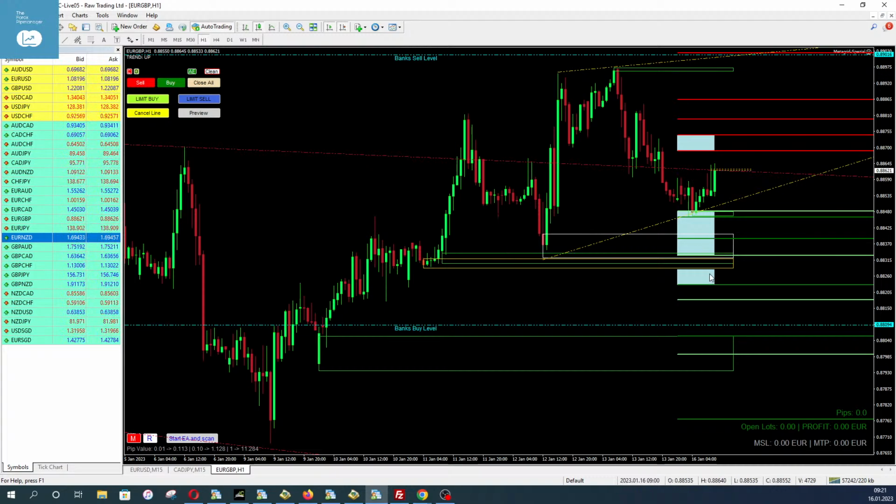And there's a lot of support, as you can see in this area. We have an H4 support, a demand zone, an M15 demand zone, an H1 demand zone. We had this massive support block here. This was a really good sign after this bounce on this support block, that it gives the opportunity to jump into a buy trade.